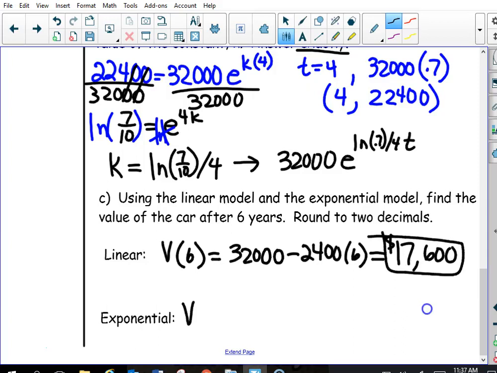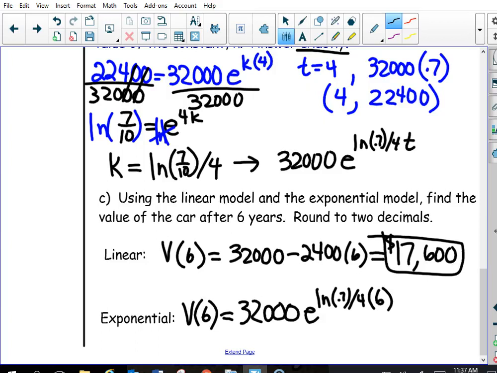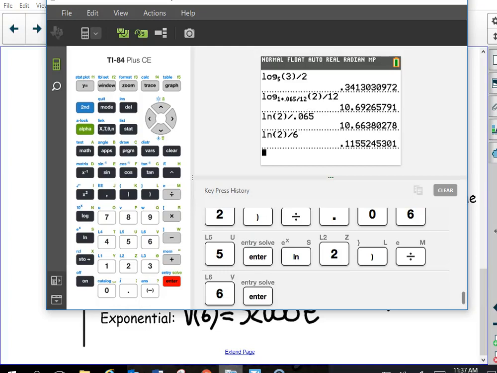Now the exponential model. Okay, so it's e to the ln of 0.7 divided by 4 times 6. I'm going to put that in the calculator just so you can see it. Okay, so the second ln button will get you e to the x.